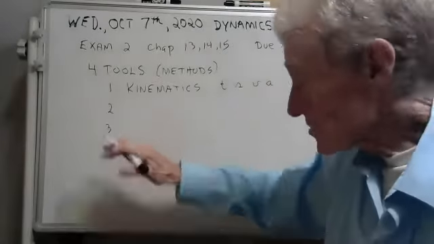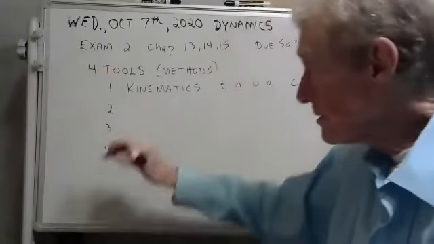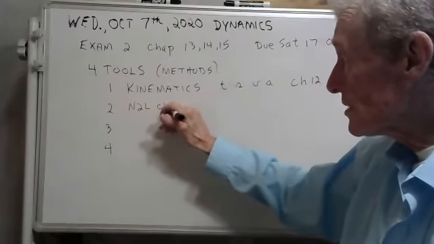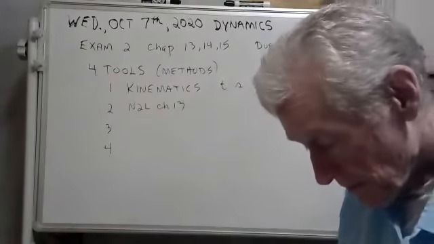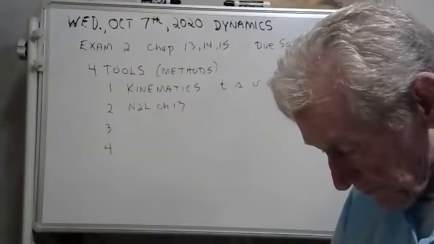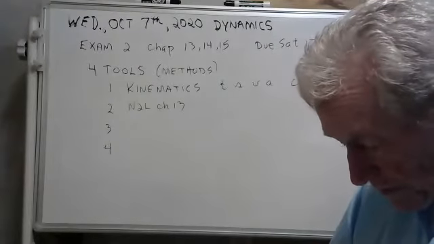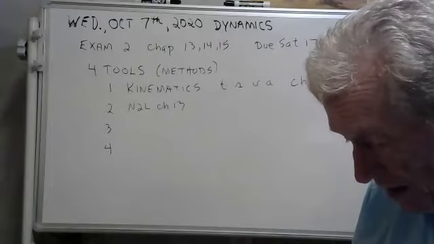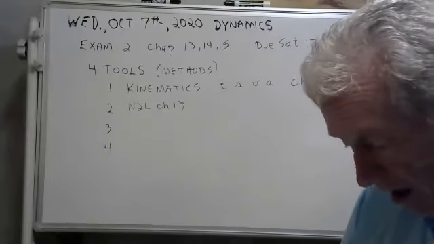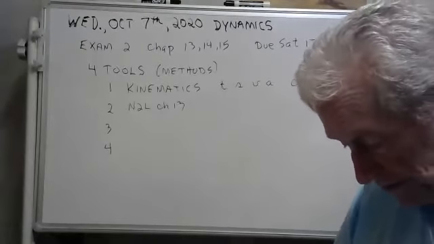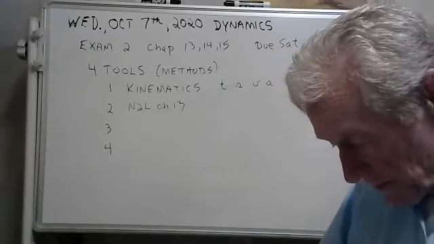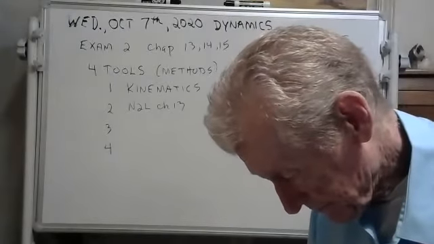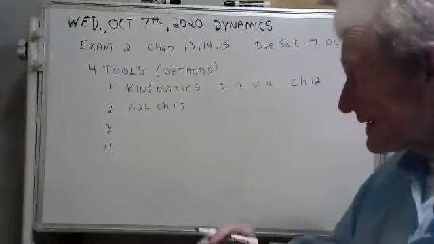And then the second tool that we studied was Newton's second law. That's chapter 13. I'm looking in the book here. What do they call chapter 13? They call it kinetics.